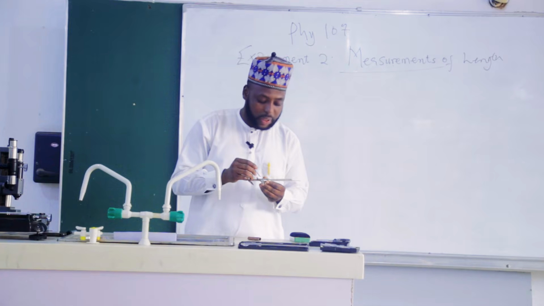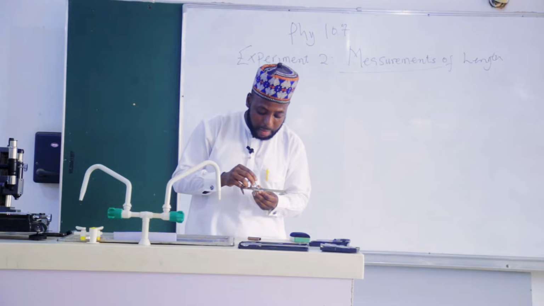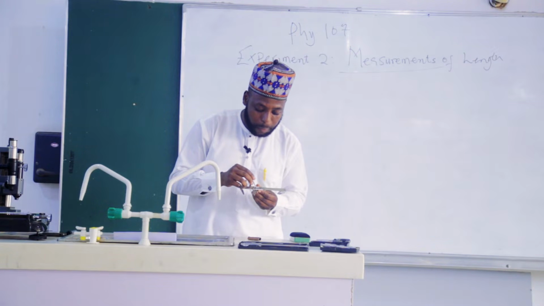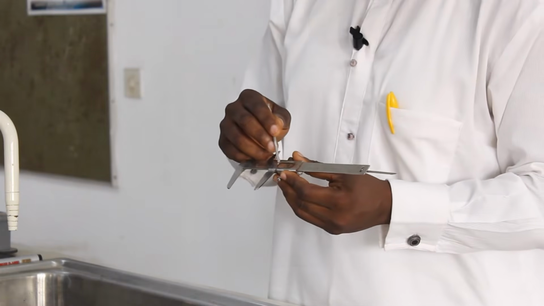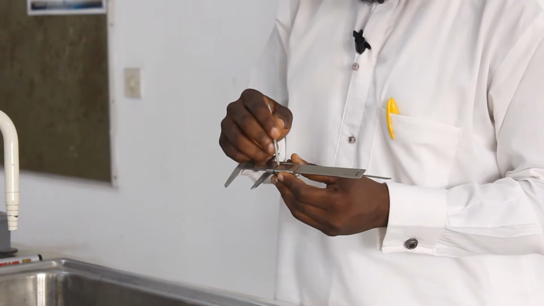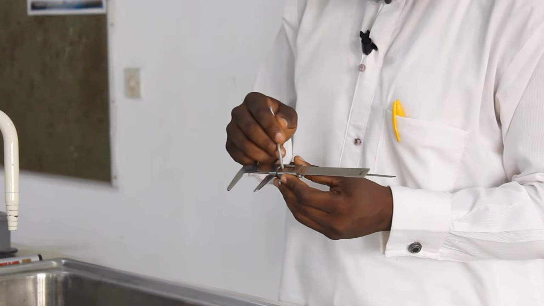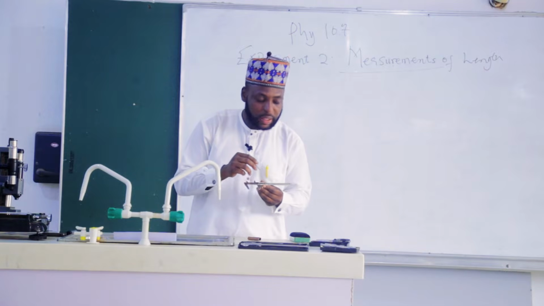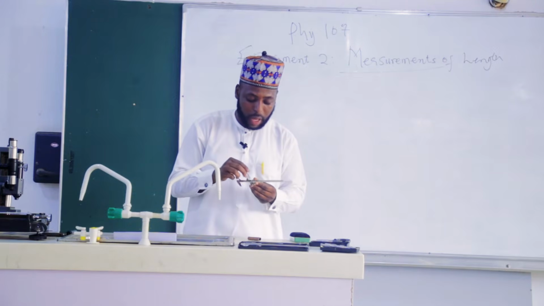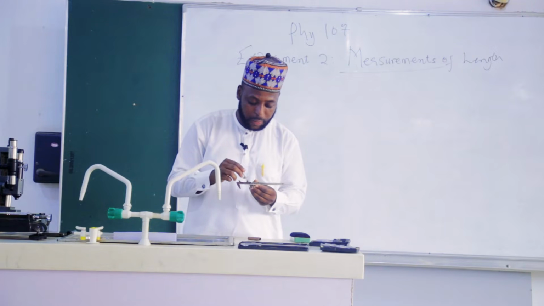For this example, this vernier caliper has 10 markings. To take a reading on the vernier scale, one has to look at the coincident number or position that aligns perfectly with the main scale. I'll go further on that when we are taking a measurement.